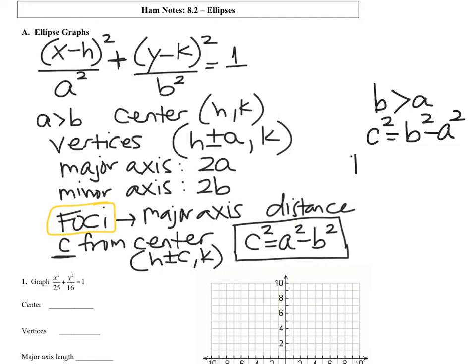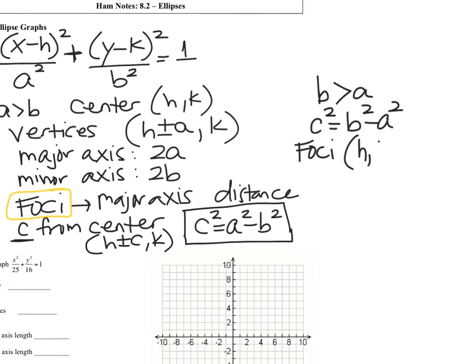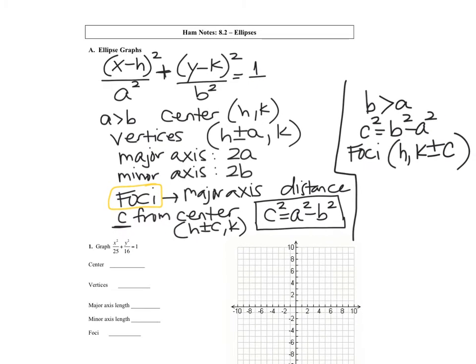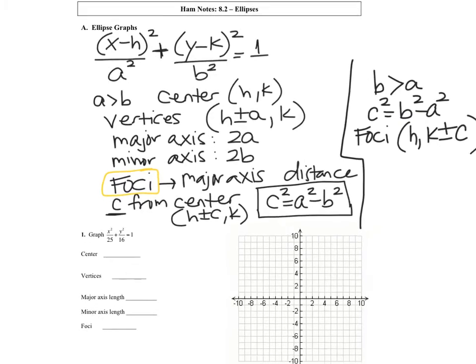Then your foci would be at h, and then k plus or minus c. Everything just gets reversed. So instead of going a distance of c left and right, you go a distance of c up and down.